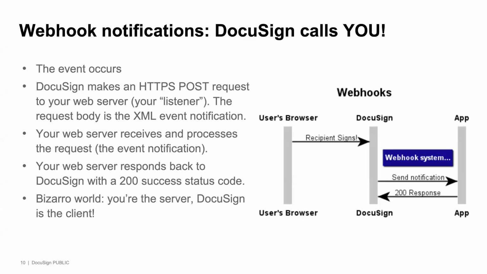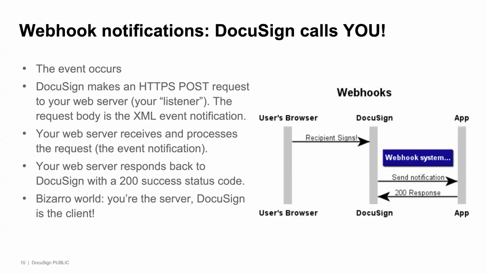What happens is first the event occurs, then DocuSign makes an HTTPS POST request to your web server, which we often also refer to as your listener. It's listening for events. And the request body of that POST request is the XML event notification package. Now, your web server receives and then processes the event.